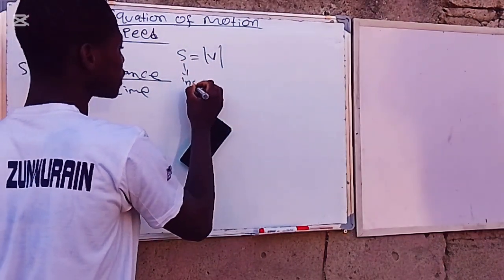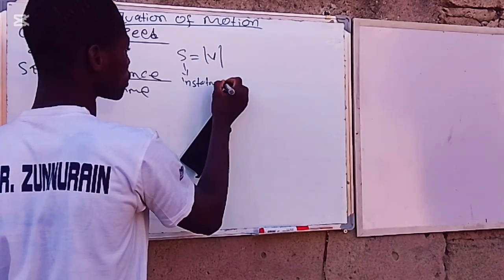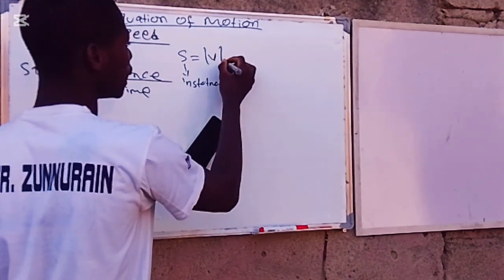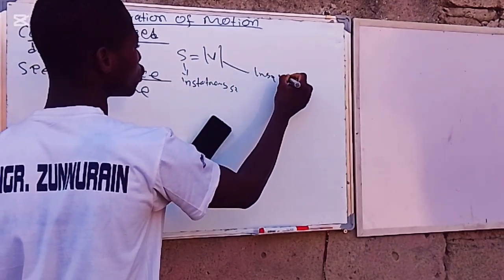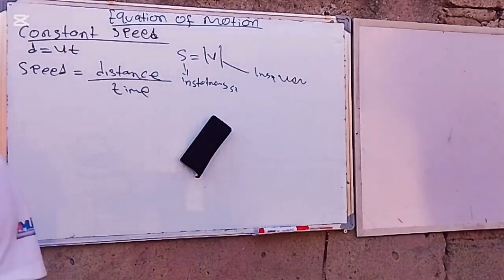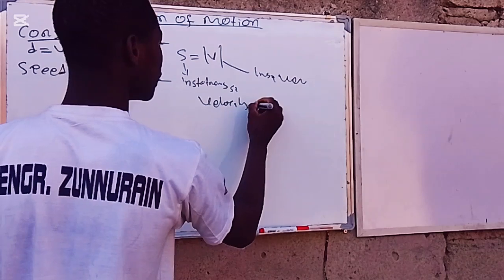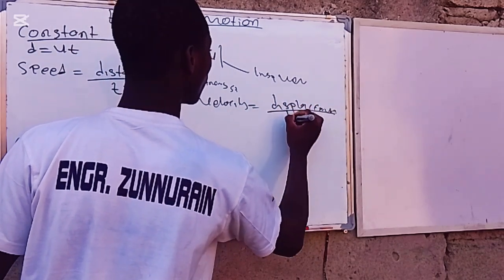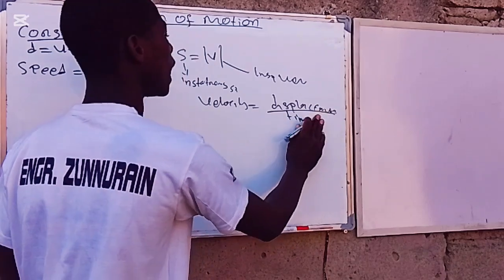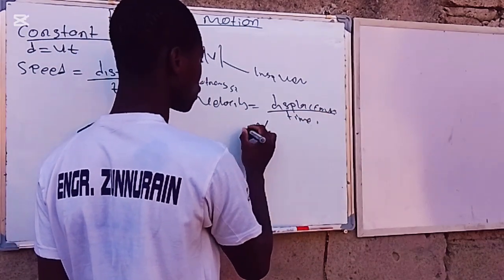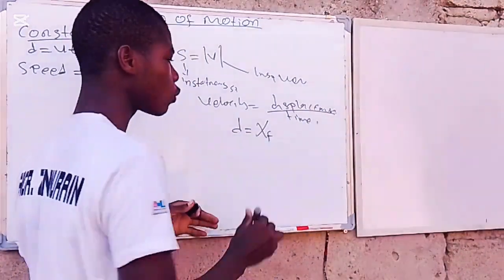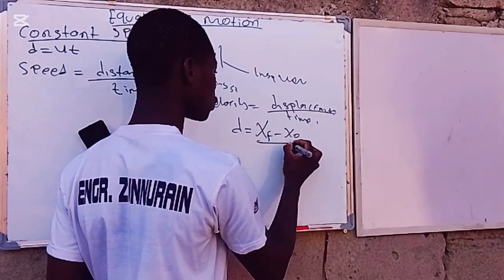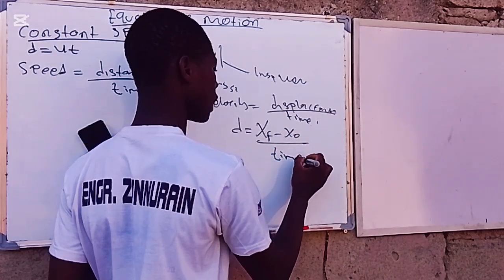So this is the instantaneous speed, and this is the instantaneous velocity. On the other hand, we all know that velocity is the same thing as displacement over time, and displacement is the final position minus the initial position, divided by the value of time.